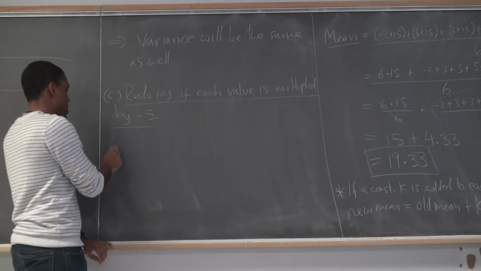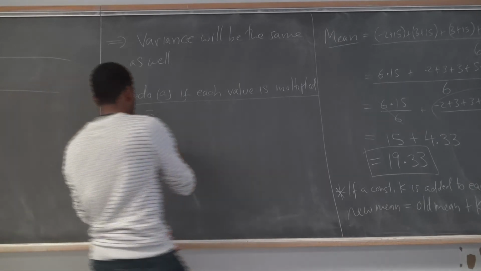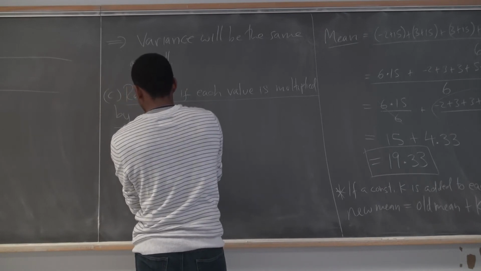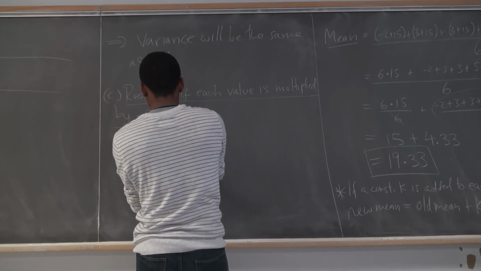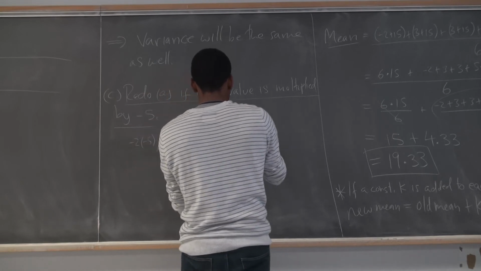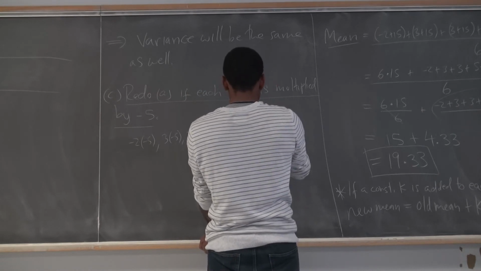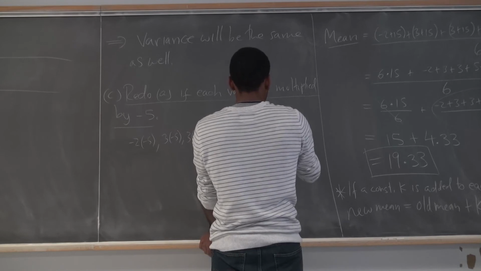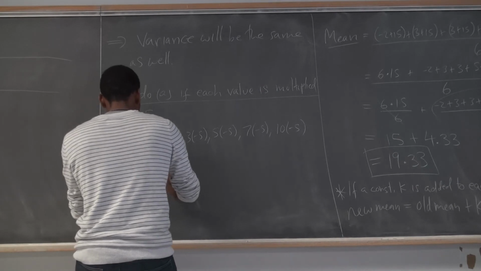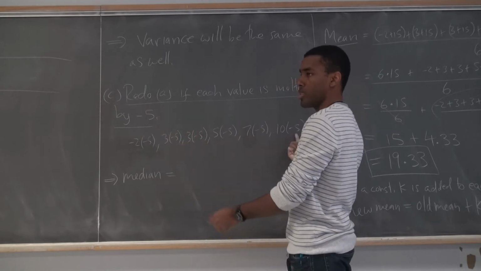So what do you think for the median? Multiply that, divide by. Right, so the values are now 2 times minus 5, comma, 3 times minus 5, comma, 3 times minus 5, comma, 5 times minus 5, comma, the next number was 7 times minus 5, comma, 10 times minus 5. So the median is, now basically what multiplying by a negative does is make this one the smallest one.